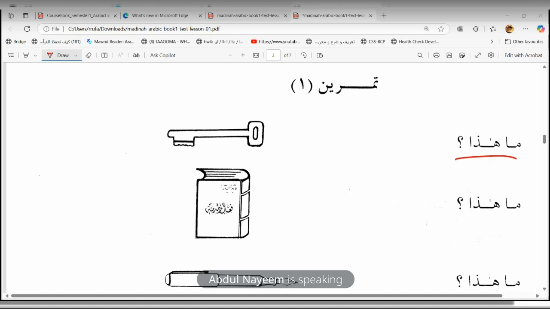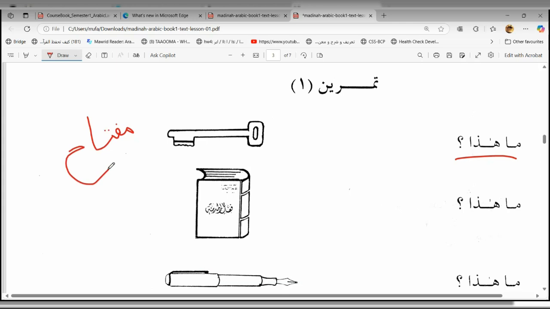Misbah? No, miftah. Yes, miftahun is a key.